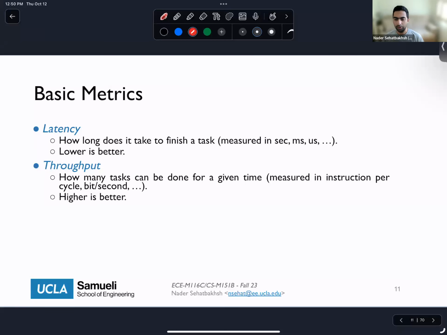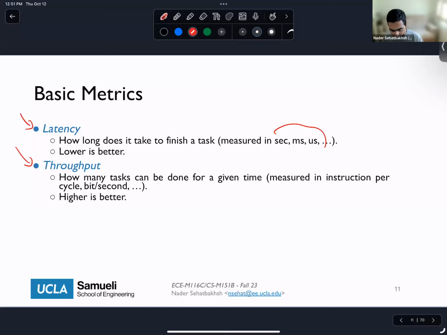Let me give you a few metrics first to know the way of measuring efficiency. There are two things that computer architects in general really like: one is latency and the other is throughput. The latency definition is how long it takes for a task to finish, okay? We usually measure latency in terms of time, like seconds, milliseconds, microseconds, and so on.